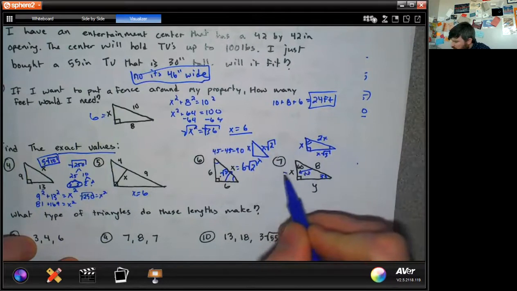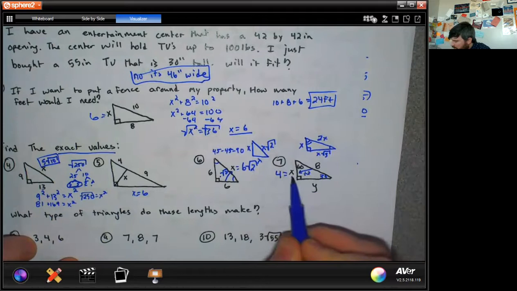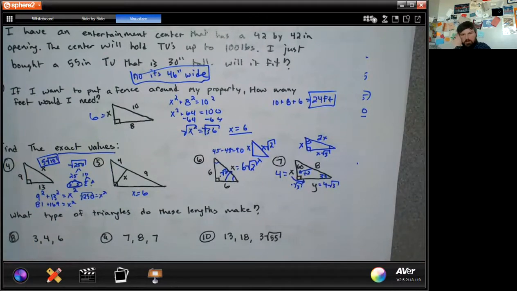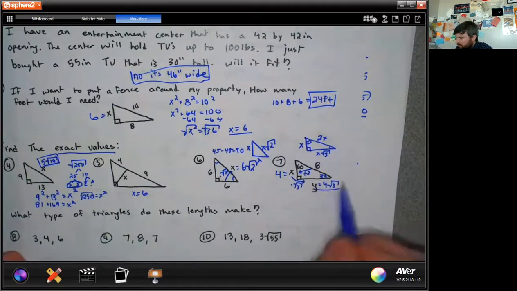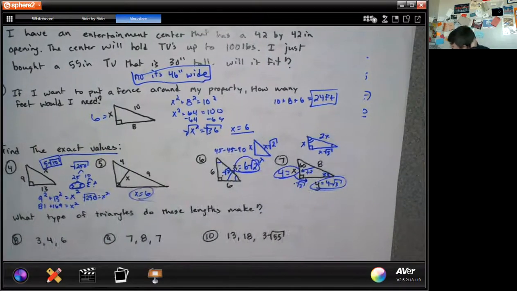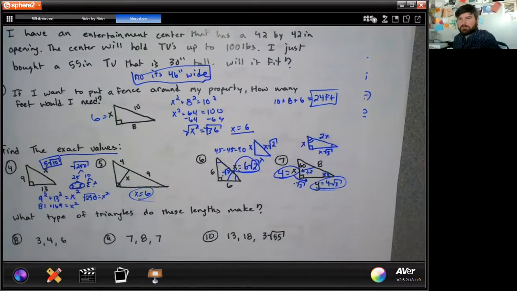So x is 4. Then going from this leg to the other leg, I multiply by radical 3. So I get 4 radical 3. Okay, so those are the exact values there for those items. Again, no decimals are wanted when it talks about exact values.